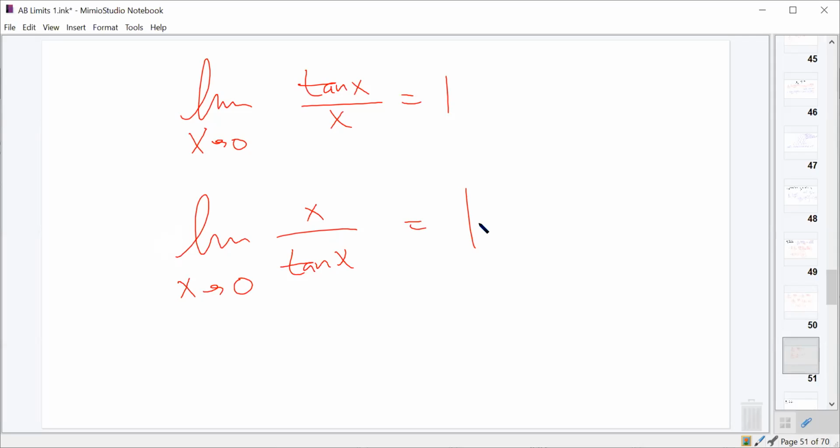Sine x over x, x over sine x, tangent x over x, and x over tangent x. Those limits, as you approach 0, all equal 1. And then the limits as x approaches 0 of 1 minus cosine x over x and cosine x minus 1 over x both equal 0. Everybody good with that? Yep.